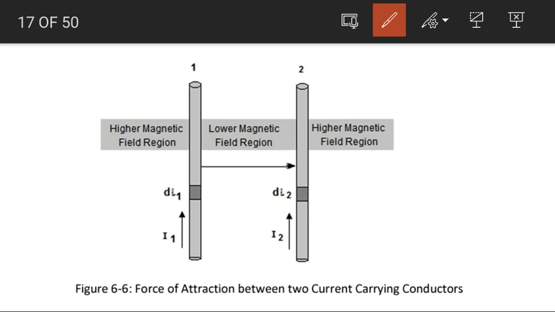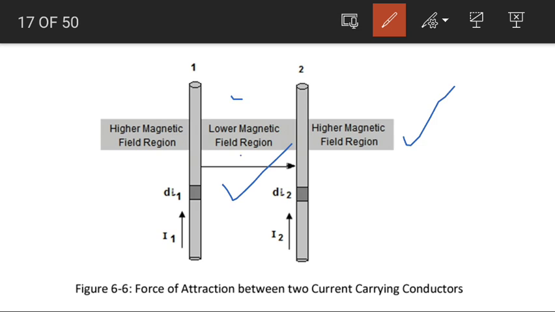If you apply the right hand rule on conductor number 1 as well as conductor number 2, the magnetic flux in this particular region will cancel the effect of each other. So the space between these two conductors is known as a lower magnetic field region, and the magnetic flux on this side will be greater than the magnetic flux in the space between the two conductors.